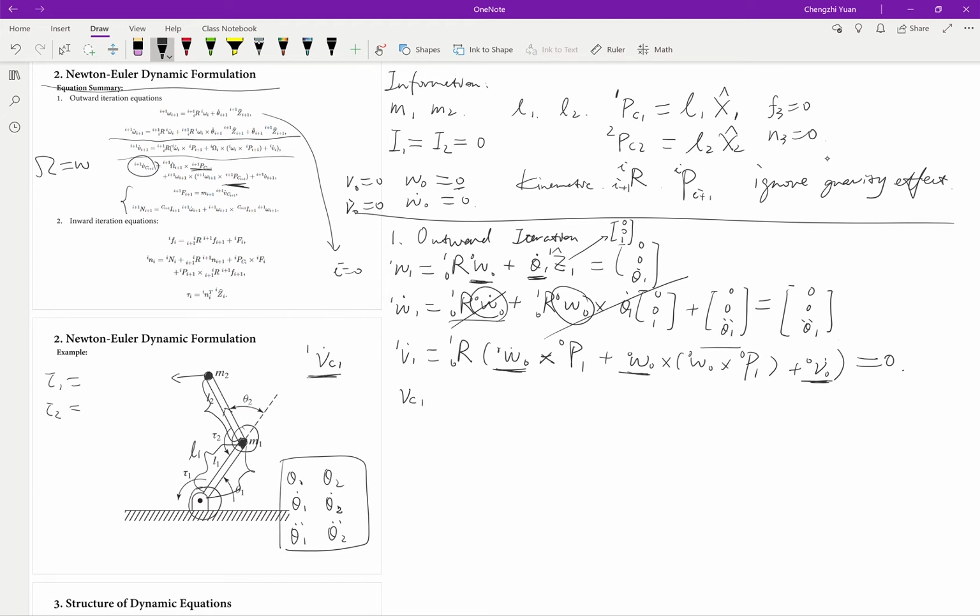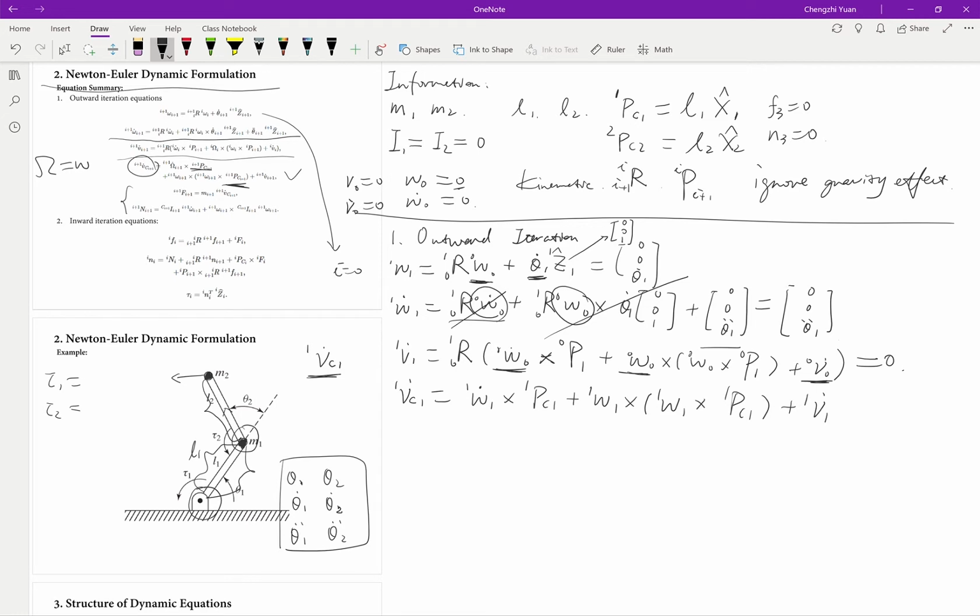Next is to calculate the acceleration of the center of mass of the first link. So it will be c11 dot equal to, following the formula right here, omega 11 derivative cross products pc11, plus omega 11 cross products, omega 11 cross products pc11, and then plus v11 derivative.